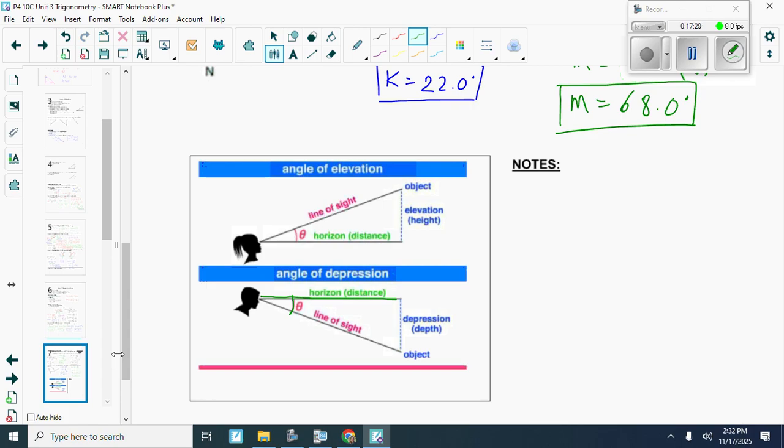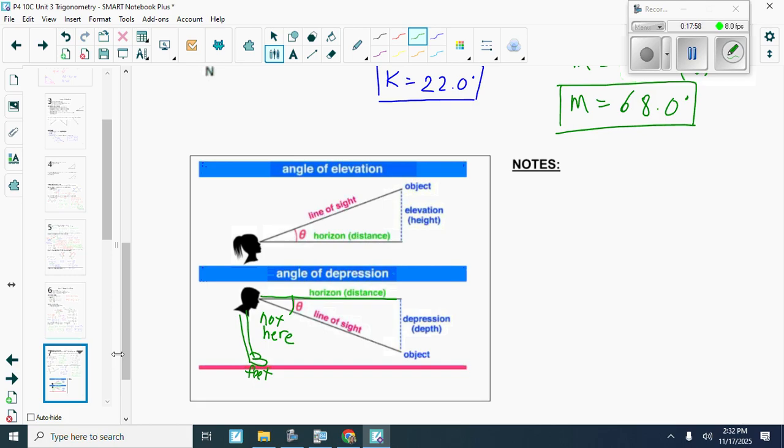Notice that it's not here. The angle of depression is from a horizontal line looking down. It's not from your feet. This is the guy's feet, and it's not from his feet to his eyes.